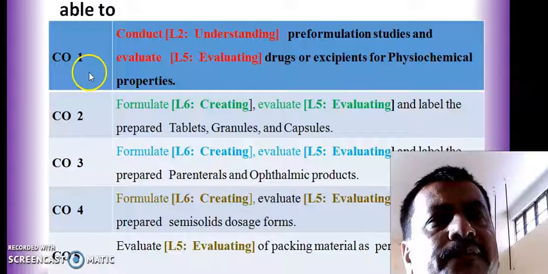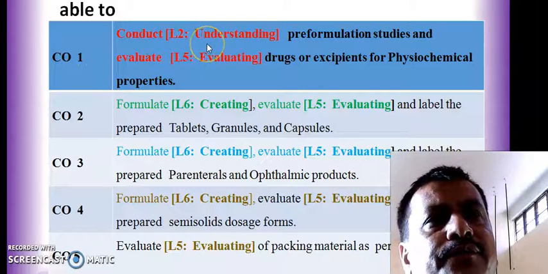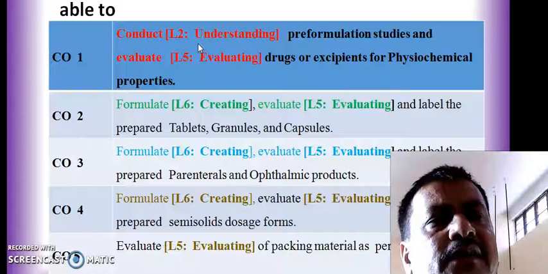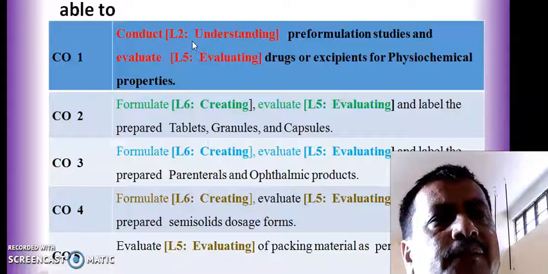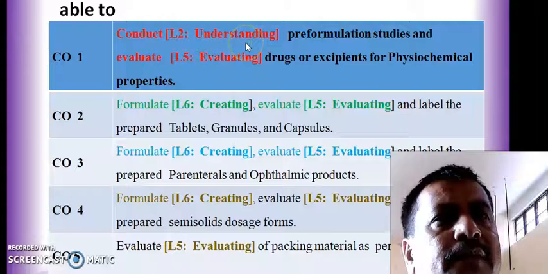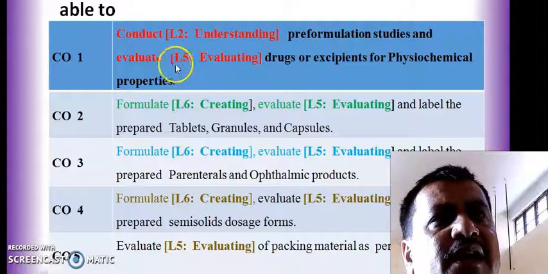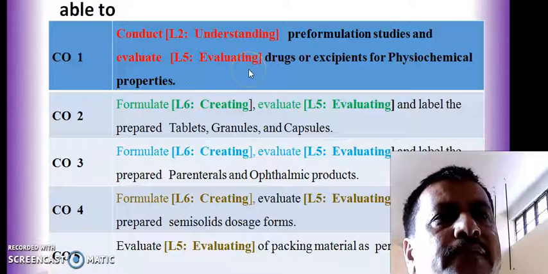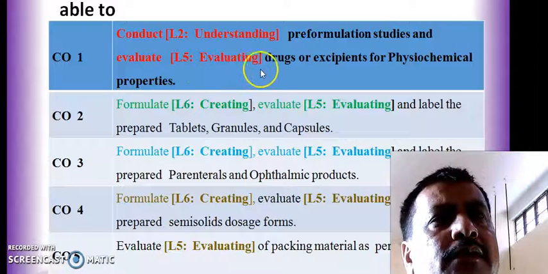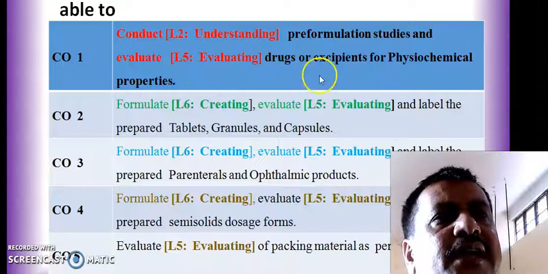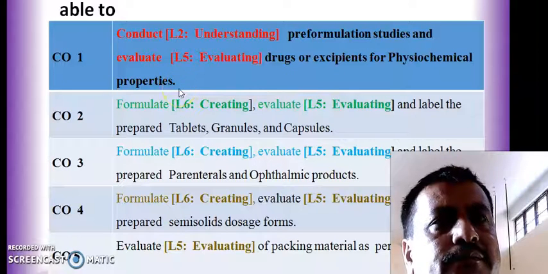CO1 is conduct pre-formulation studies and evaluate drugs or excipients for physicochemical properties, in which we have Bloom's taxonomy levels L2, that is understanding, and L5, evaluating.